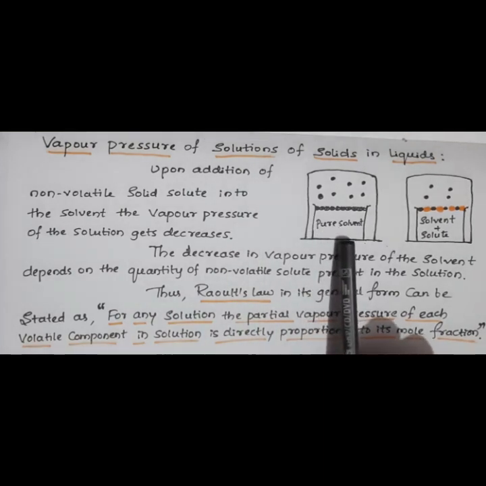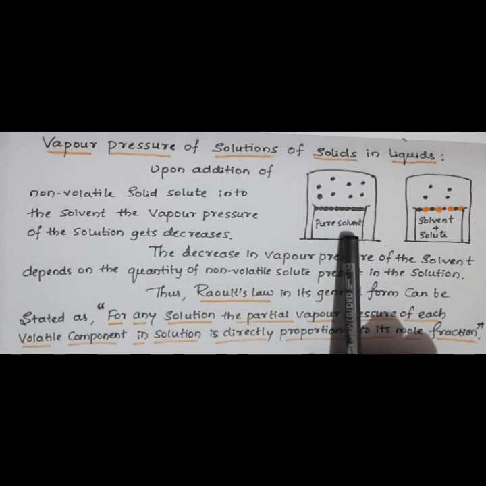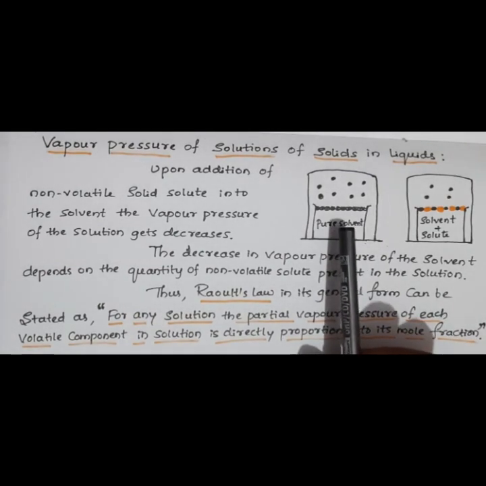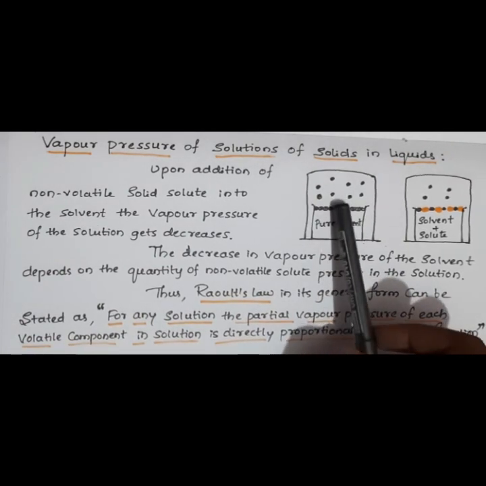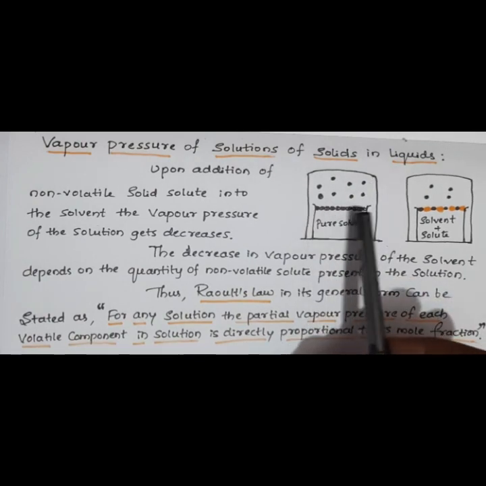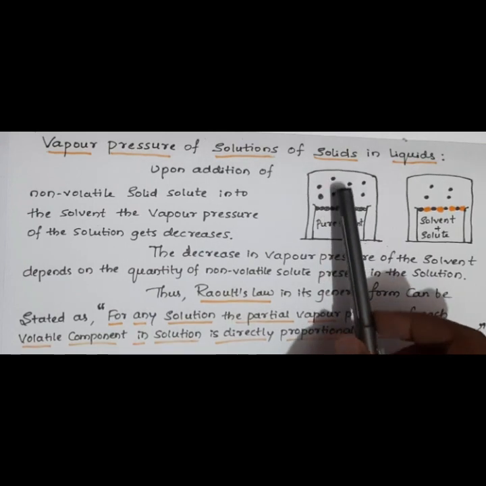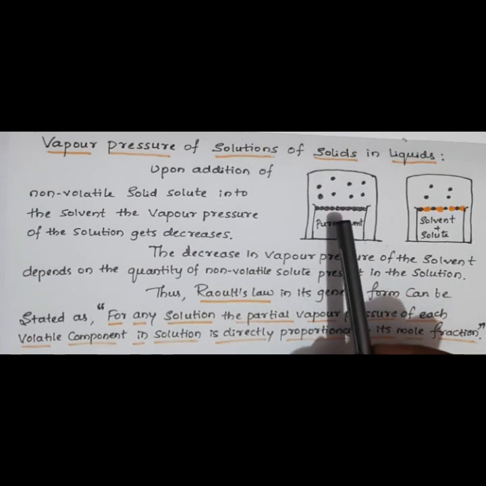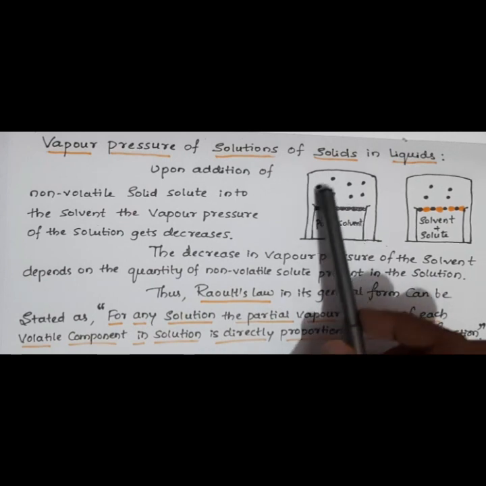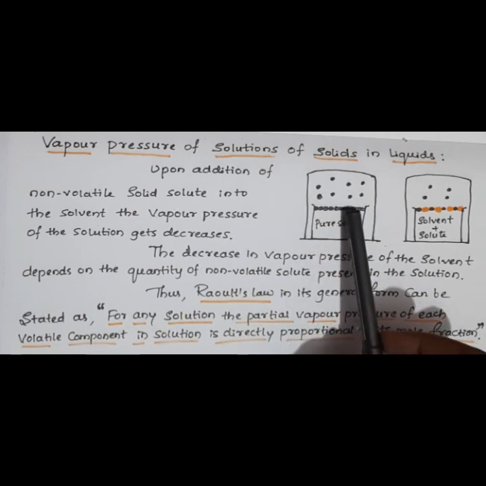In pure solvent, only the volatile solvent is there, and upon heating, it produces vapors. Those solvent molecules escape from the surface of the solvent and create pressure on the surface of the liquid, and vapor pressure is produced.